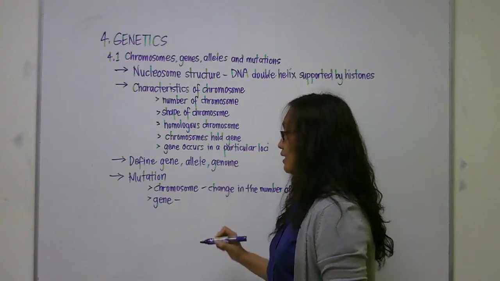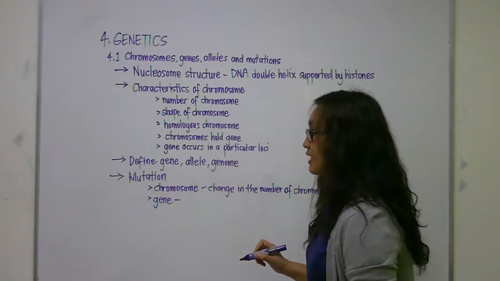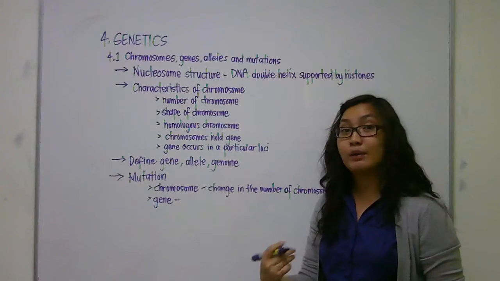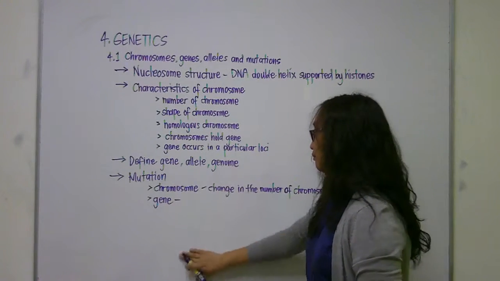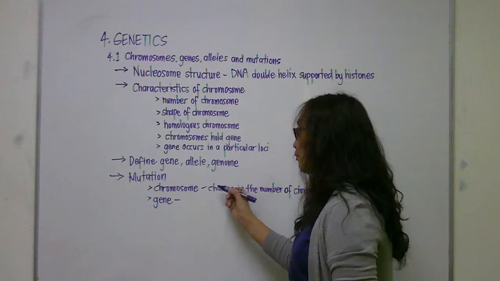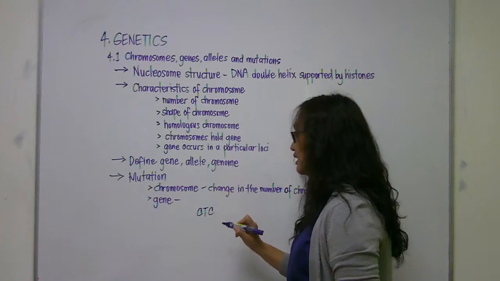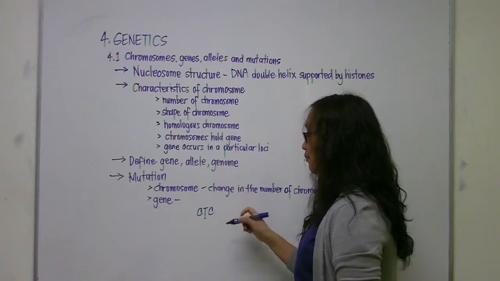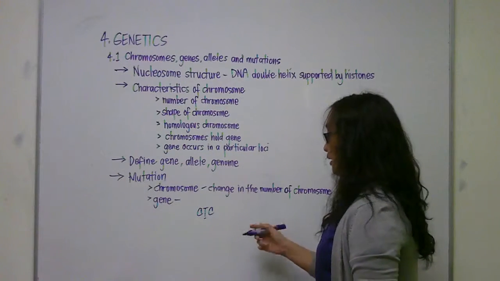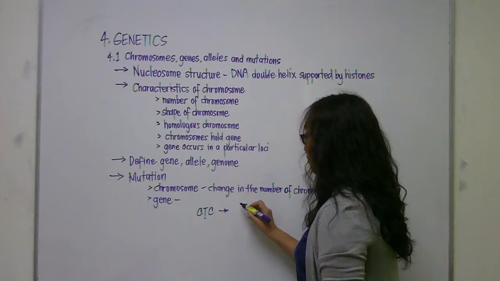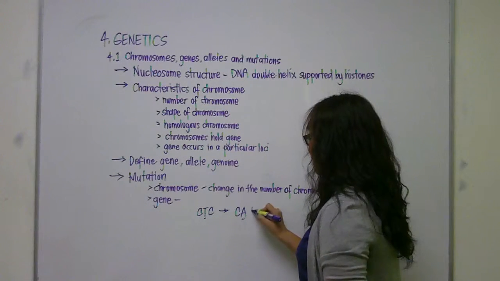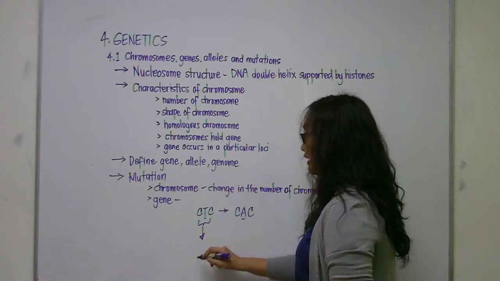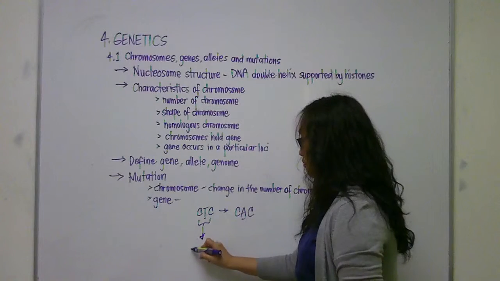A gene mutation is a mutation that occurs whenever there is a change in the base sequences. For example, in a normal gene, we have the base sequence CTC, and then the base thymine is replaced by another nitrogenous base, which is A. Therefore, this codon is going to code for a different amino acid.